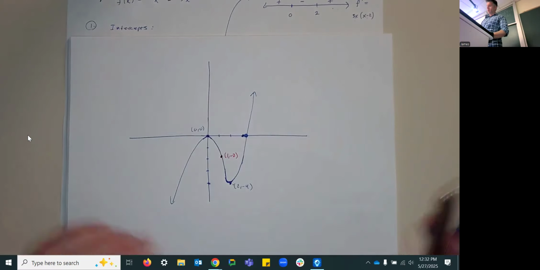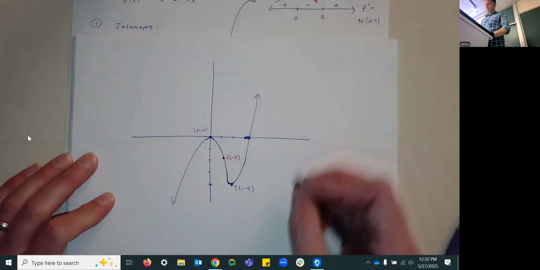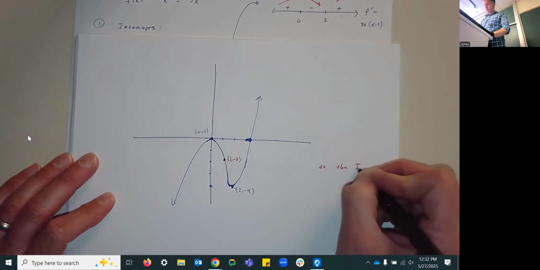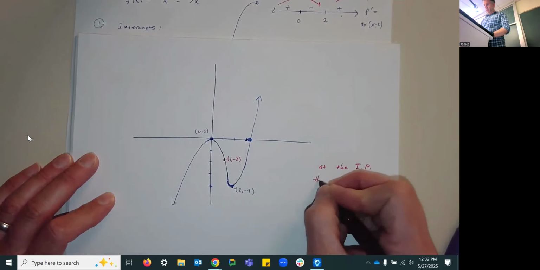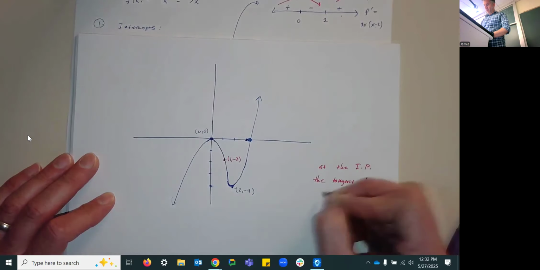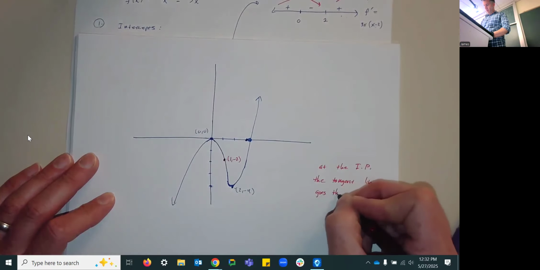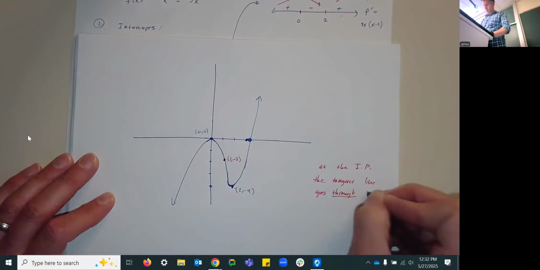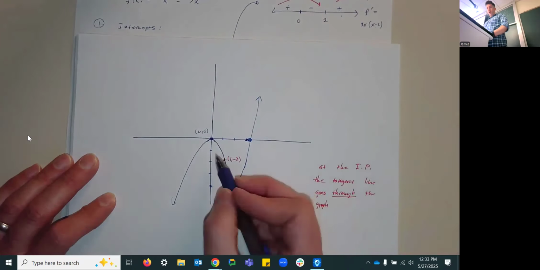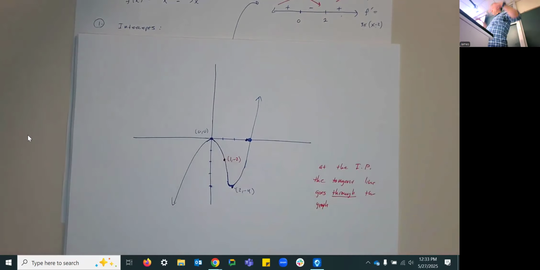I will also say, for our inflection point there, this is a point of interest. At the inflection point, the tangent line goes through the graph. Because on one side, it's concave down, where the tangent line should be above the graph.